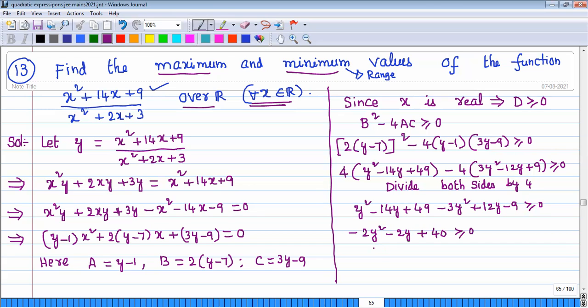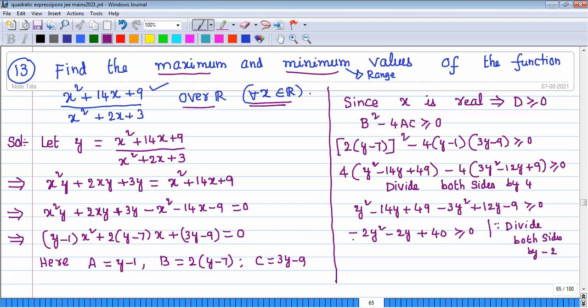So to make the y square coefficient positive, divide both sides by negative 2. It's dangerous because the inequality symbol reverses.